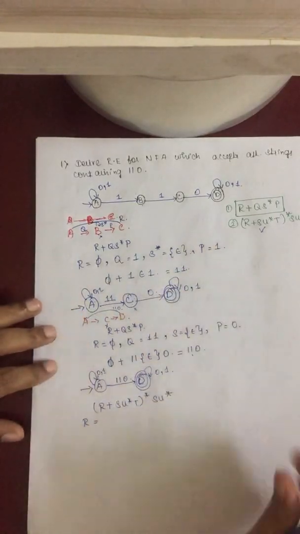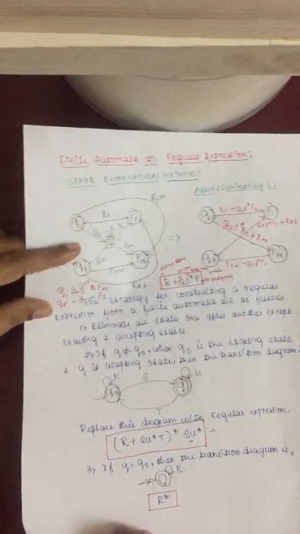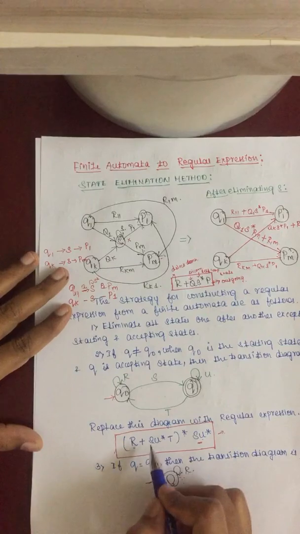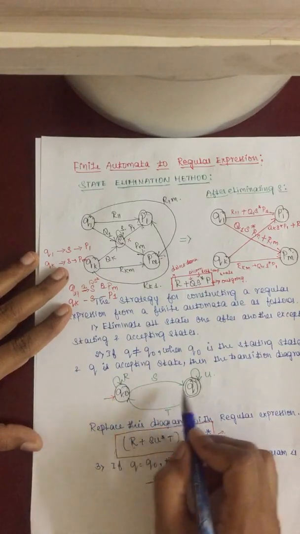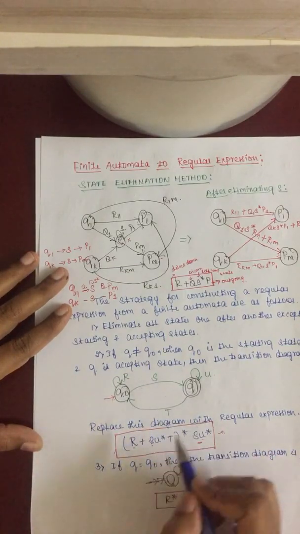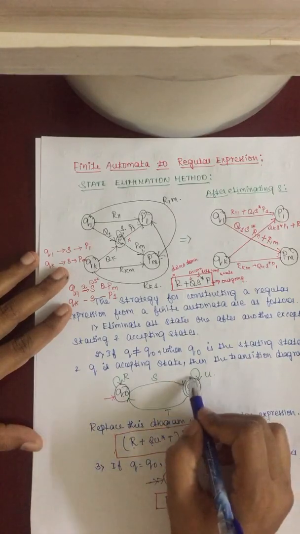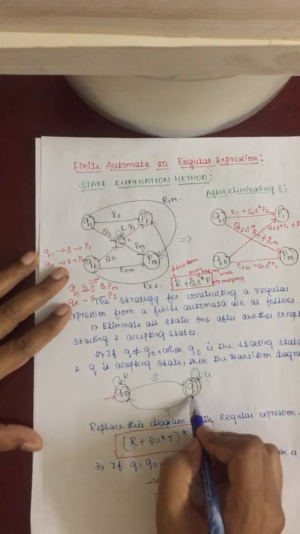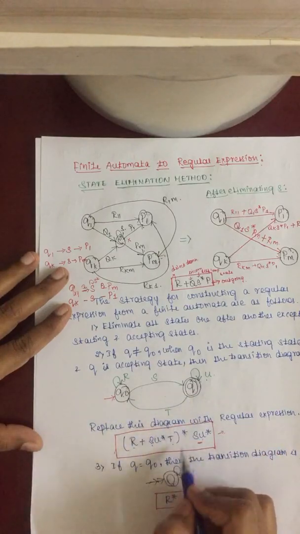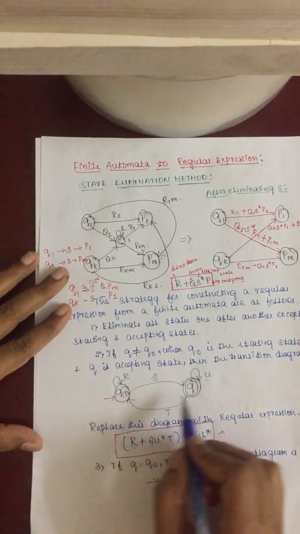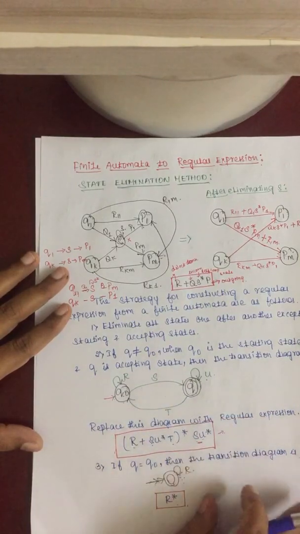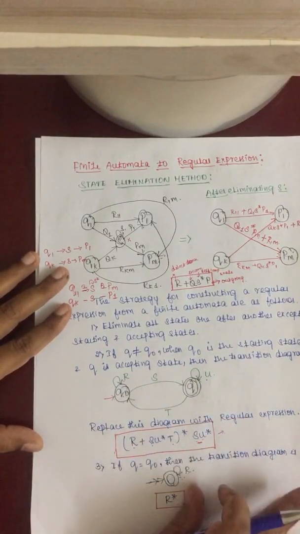Check the diagram: R is the self loop from the initial state, S is the initial to final transition symbol, then U star is the self loop from the final state, and T is the final to initial connection, right? Then again S is the direct connection from initial to final, and U again is the self loop from the final state, right? This is how we are supposed to check.